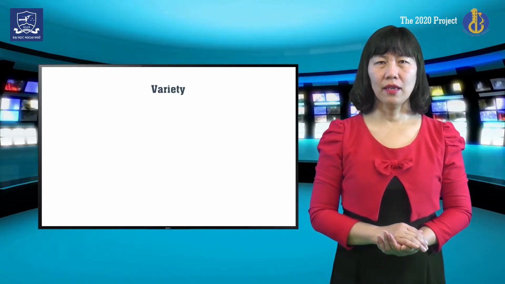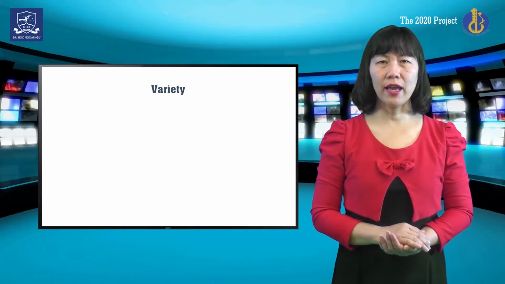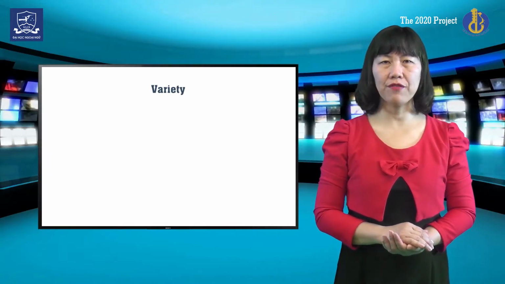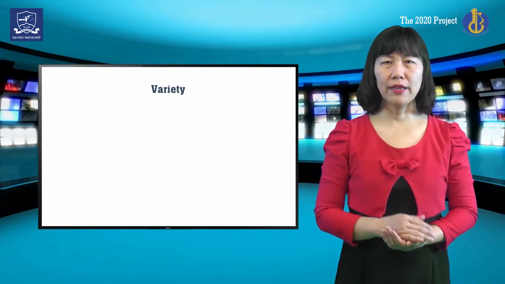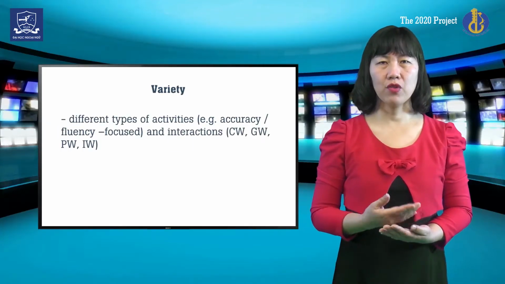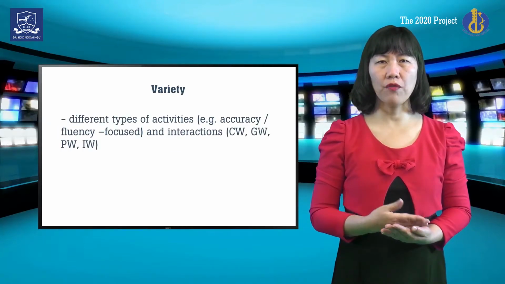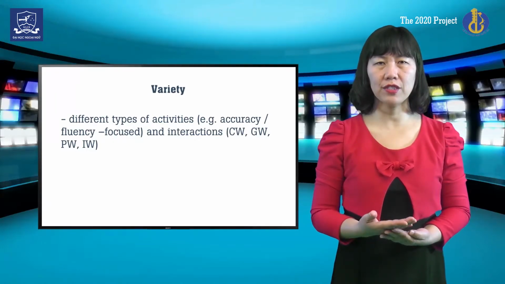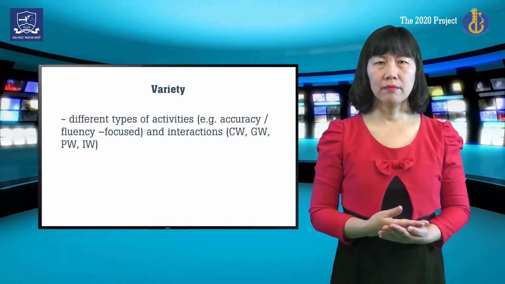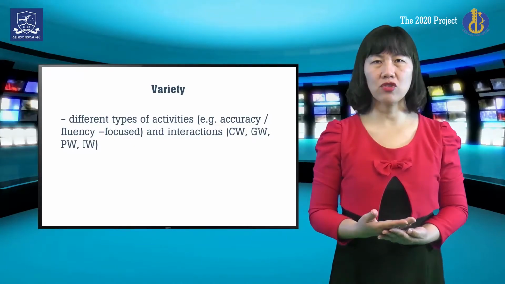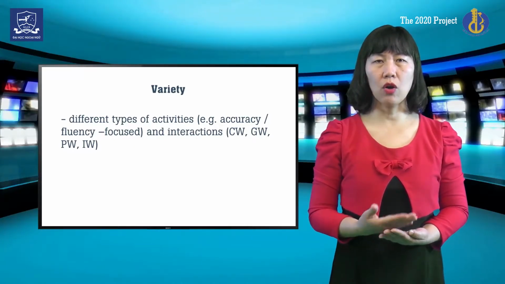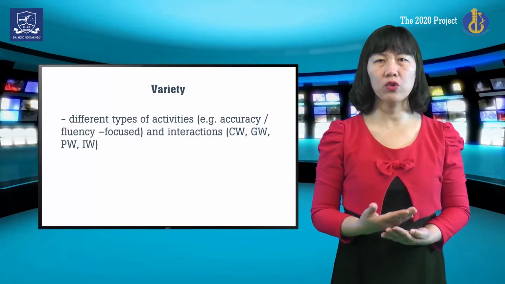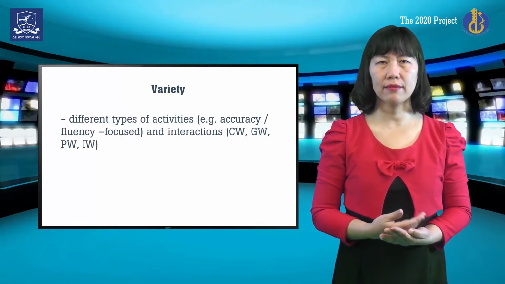Variety. Here is the checklist that helps teachers to make their lesson varied. Different types of activities, for example, accuracy or fluency focused, teacher or learner-centered activities. Different types of interactions, class work or group work, pair work or individual work in the lesson plans.